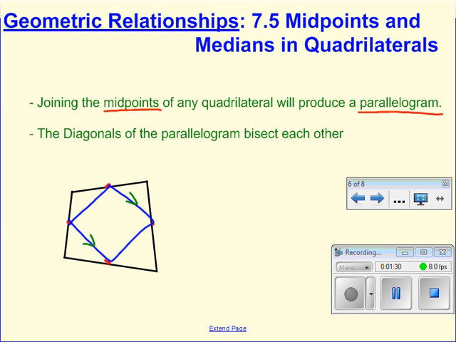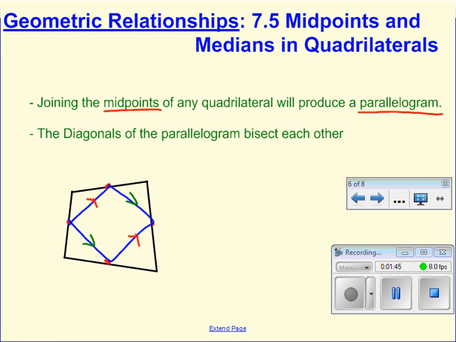They're going to be parallel to each other, and I'm going to get these two lines here. They're going to be parallel to each other. And this works for any quadrilateral that you have.